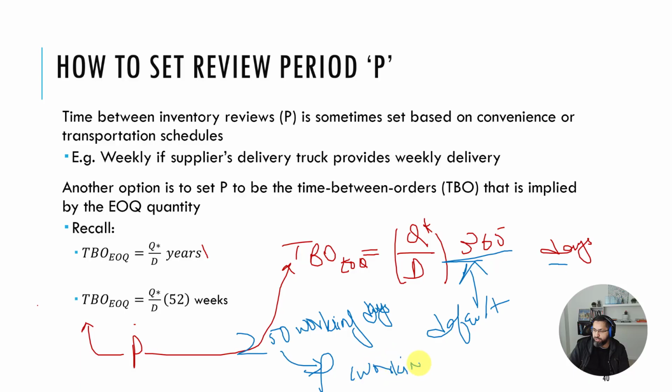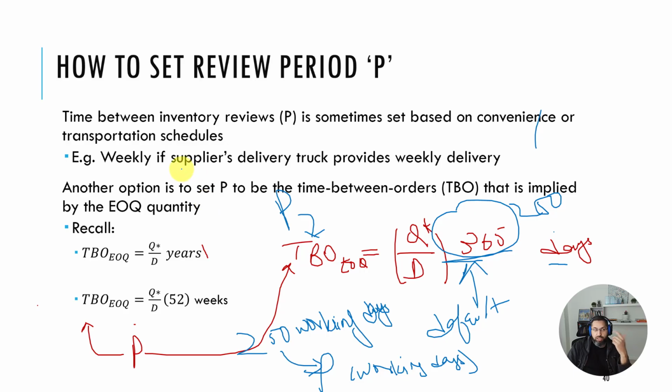So instead of multiplying by 365, you may multiply just by 250 or the number of working days, whatever the question tells you, and then the P, which will be set to this quantity, will be the number of working days between orders. Okay.